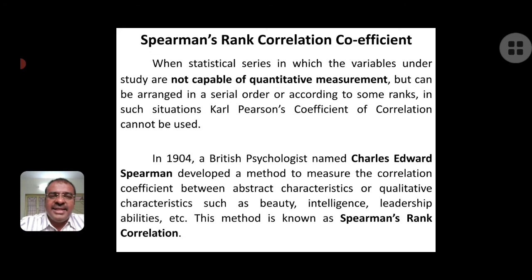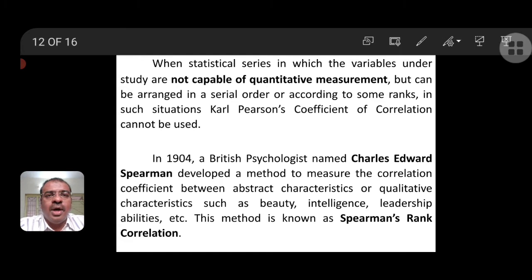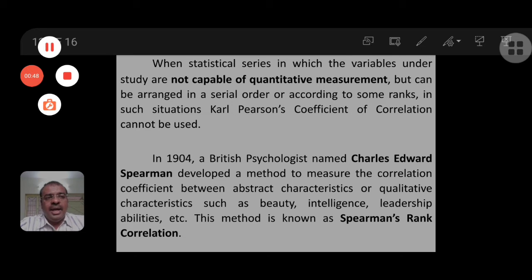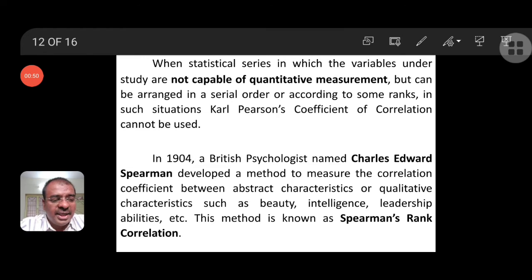In the previous sessions, I have already told you all that Karl Pearson's coefficient of correlation is important while computing the correlation for quantitative variables. Now, when we have certain abstract or qualitative characteristics such as intelligence of the students, leadership abilities, etc., we cannot measure them in quantitative terms.